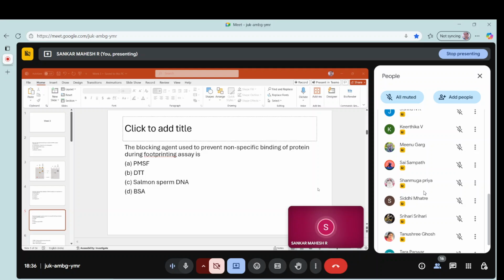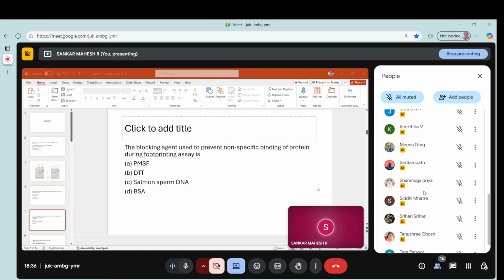You don't want your DNA to be bound to the exteriors of the cell. You rather want it to enter the cell. So what you do, you add salmon sperm DNA which coats the layers of the cell, thereby preventing your DNA of interest from sticking onto the surface. Then it would efficiently enter. So the right answer here is salmon sperm DNA.